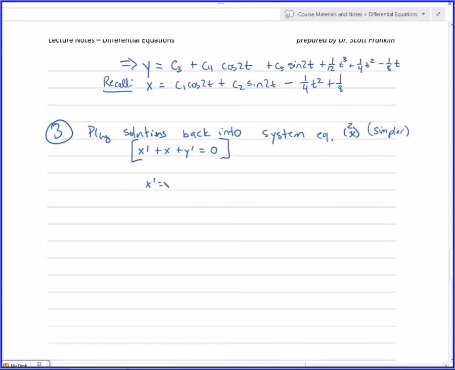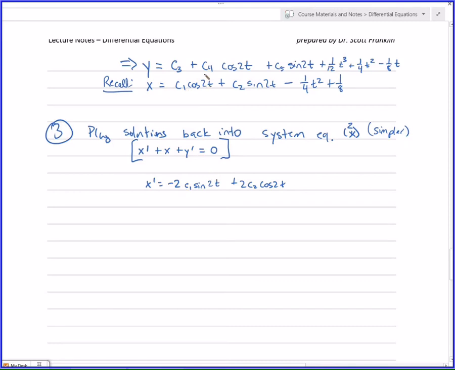What's x prime? X prime is the derivative of the x function, so 2c1 sine of 2t plus 2c2 cosine of 2t, taking the derivative. Derivative of cosine is negative sine.